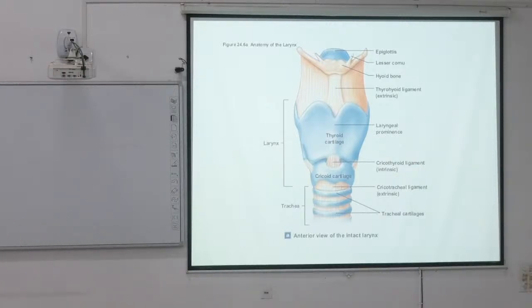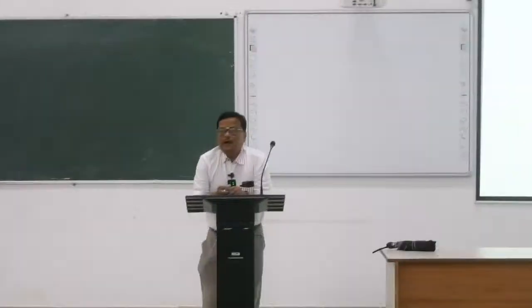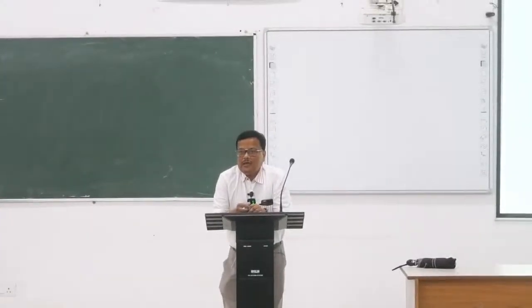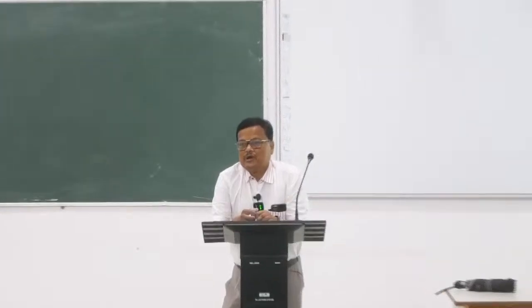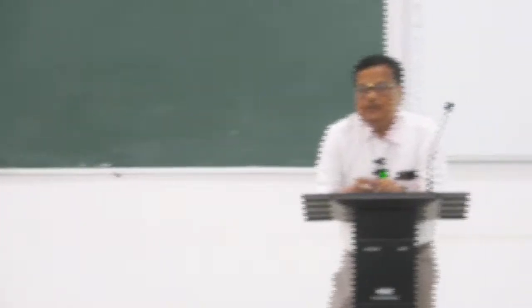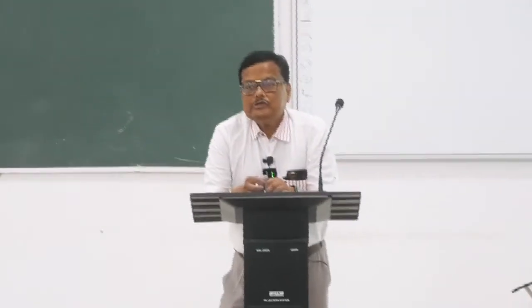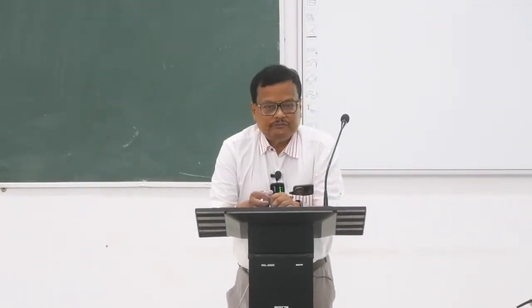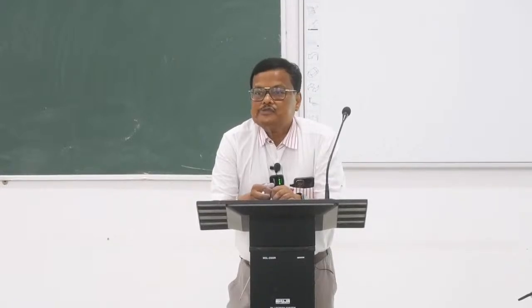Commonly, the question is: enumerate the cartilages of the larynx and their histological structure. Next question: enumerate the intrinsic muscles of the larynx with their nerve supply and their action on the rima glottidis.